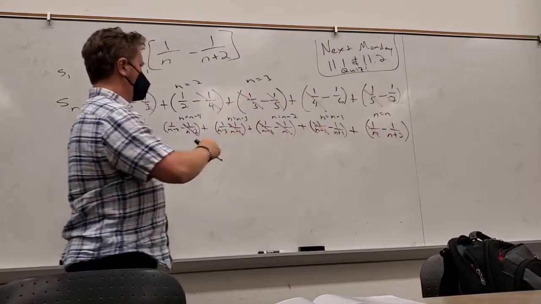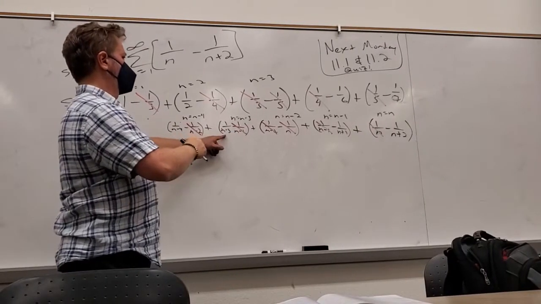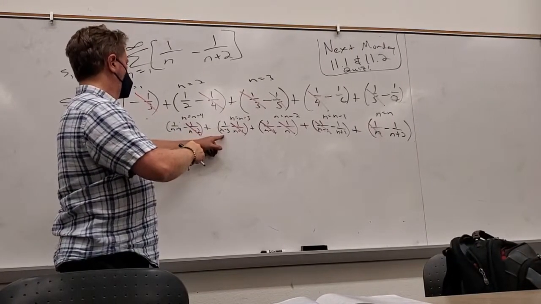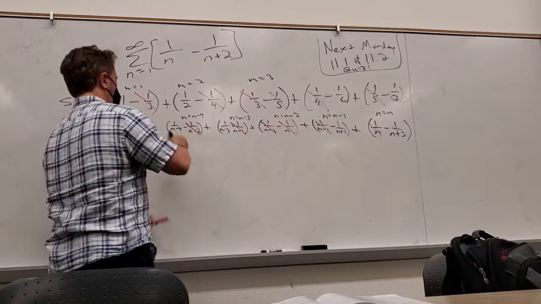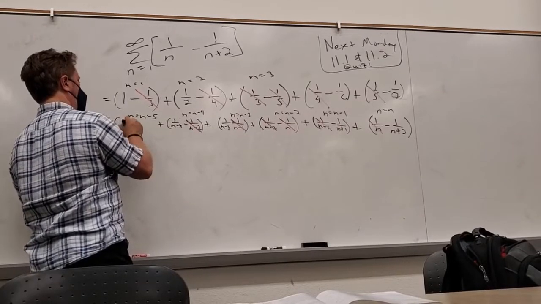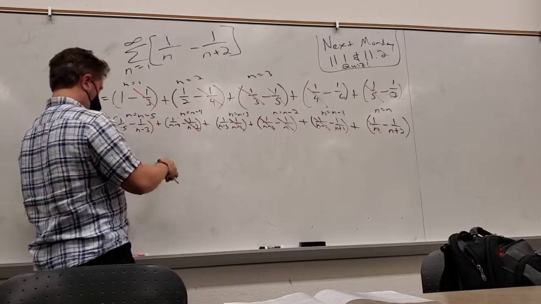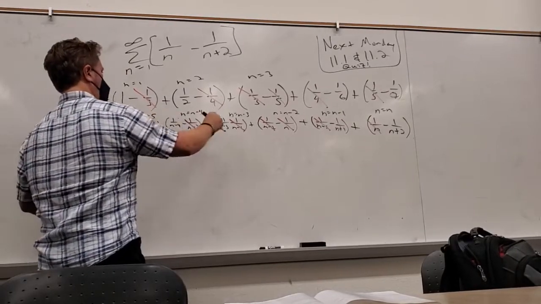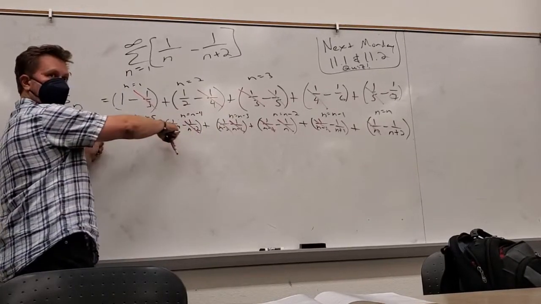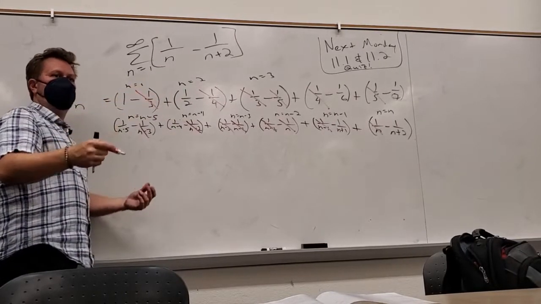So Rico, did I miss anybody? No, I didn't miss anybody. Right, let's do one more. n equals n minus 5: 1 over n minus 5 minus 1 over n minus 3, right? See how that's going to cancel with that? At some point you go back far enough, this is answering your question from earlier, how do I know when to stop?